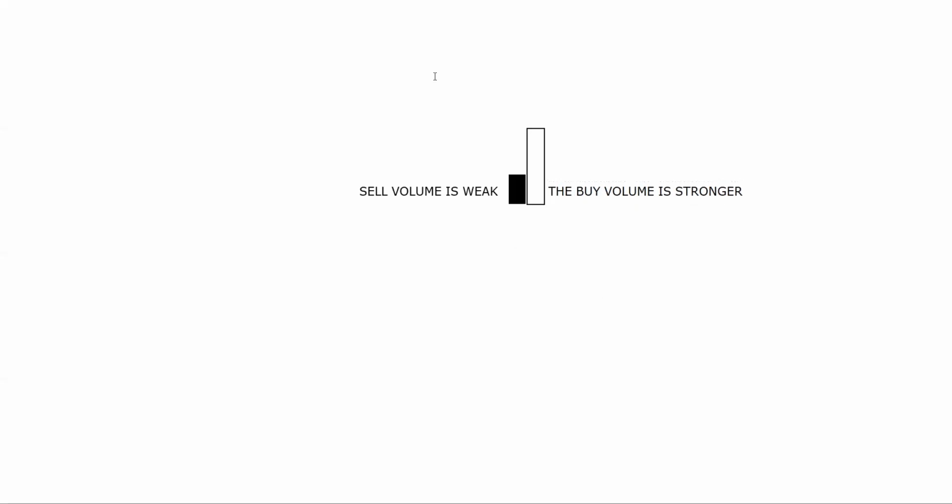Now, what about having this rather stronger and this rather weaker? This tells you that the sellers are stronger than the buyers.